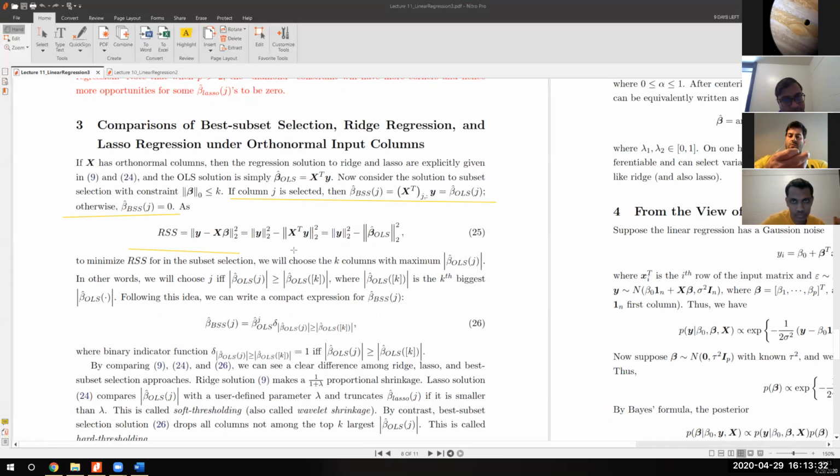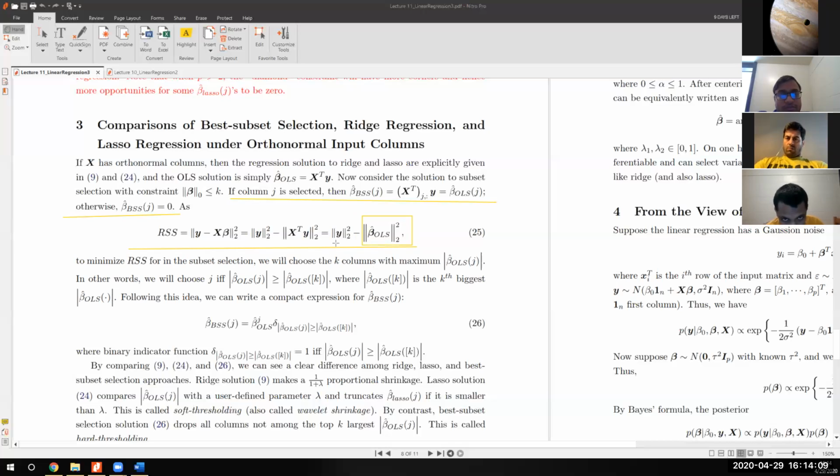Then the thing is, let's calculate the RSS. To minimize the RSS in the subset selection here, what are you going to do? Because you must choose at most k elements to be non-zero, all others must be 0, right? So let me ask you, which k will you choose here? The biggest k. Why? Because in this case, you reduce the most.